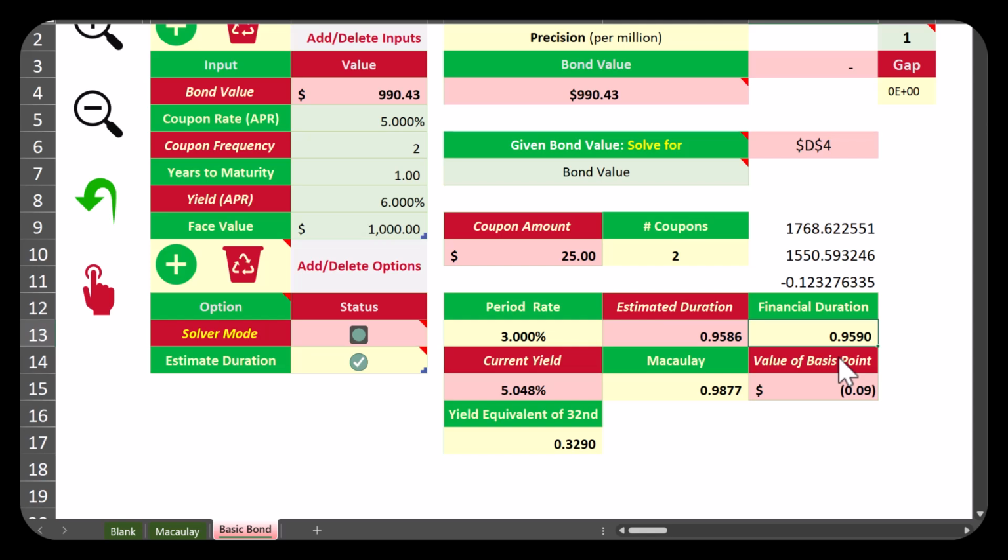But if you keep them in 30 years, a 0.5% increase in the yields is going to cost you 7%, which means on that $100 billion portfolio, you're going to lose $7 billion in value.